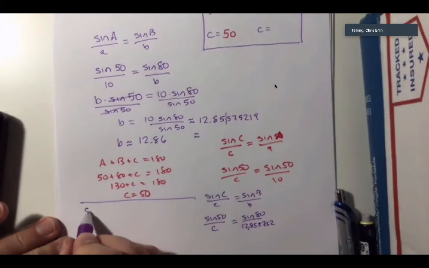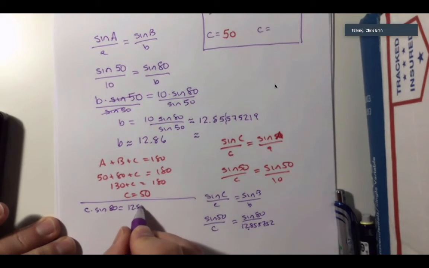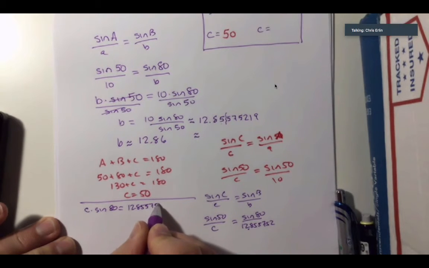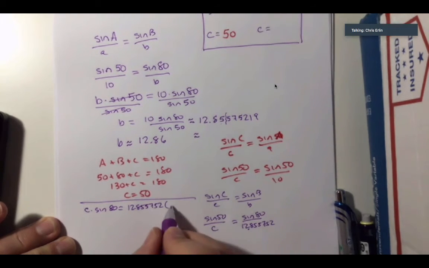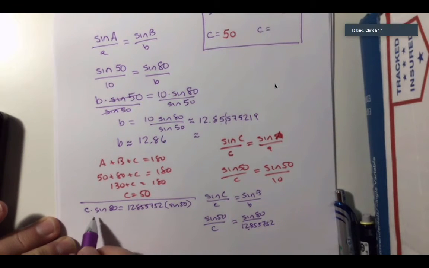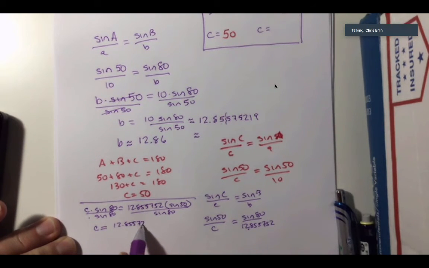So I'm going to get c times the sine of 80 is equal to 12.855752 times the sine of 50. I want to solve for c. Right now it's being multiplied by the sine of 80, so I'm going to divide by the sine of 80. So c is equal to 12.855752 times the sine of 50 over the sine of 80.